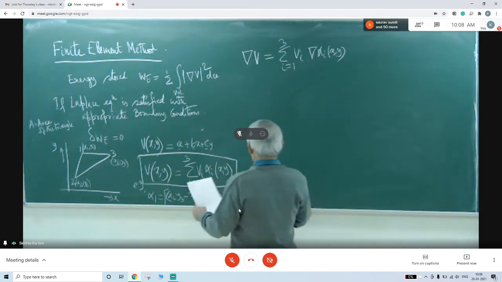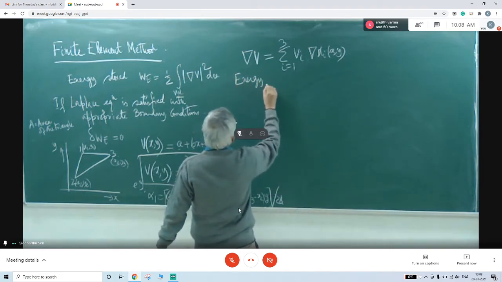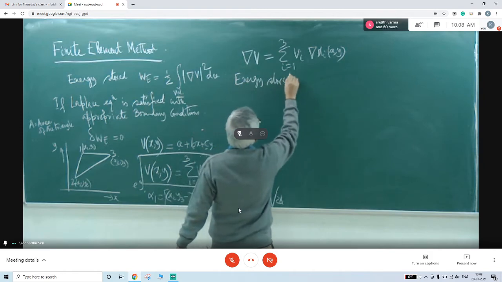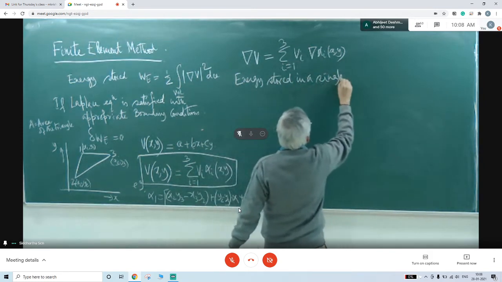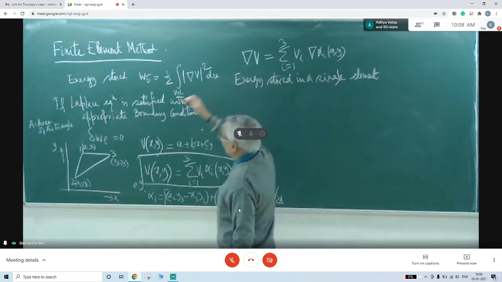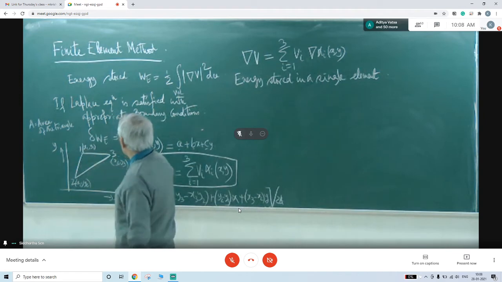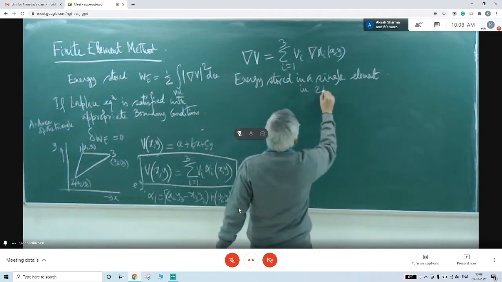So energy stored in a single element. So this is your single element here, in 2D space.